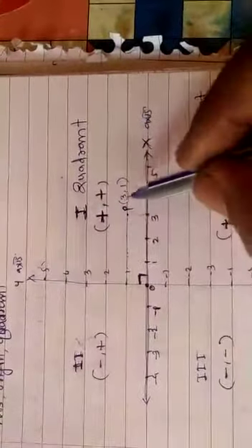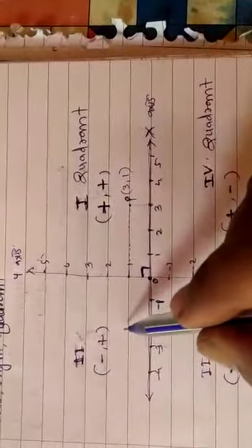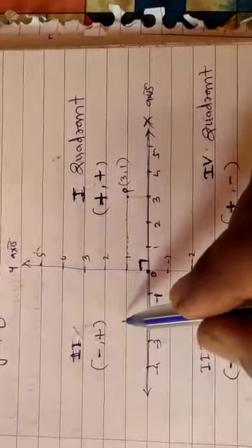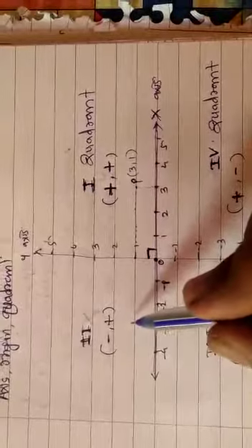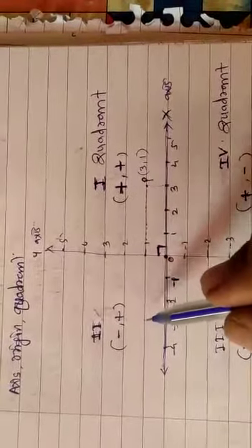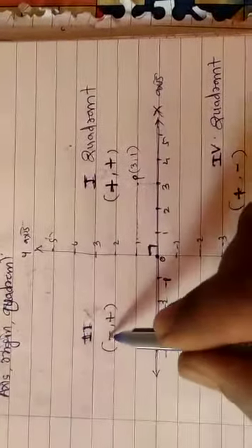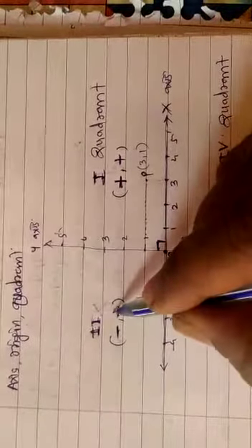If this point P is present in the second quadrant, what are the signs? The x-coordinate is negative, so we write negative. The y-coordinate is positive, so we write positive.